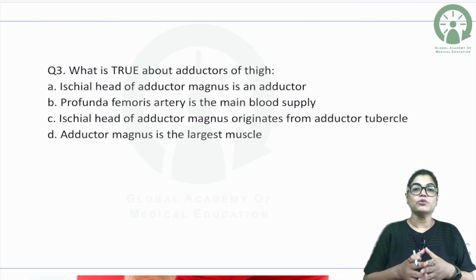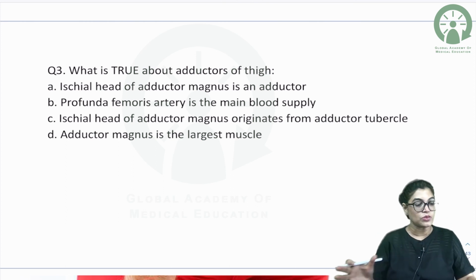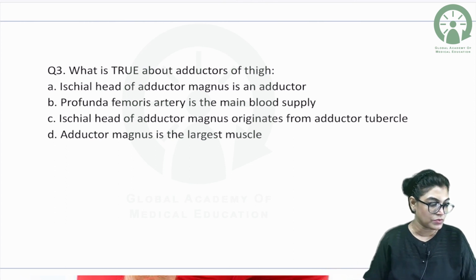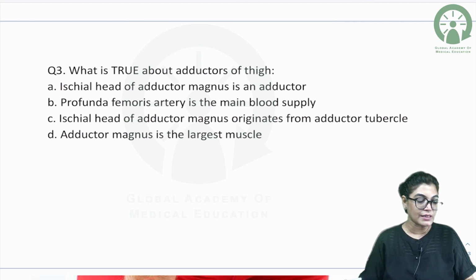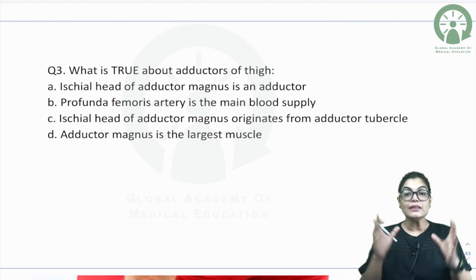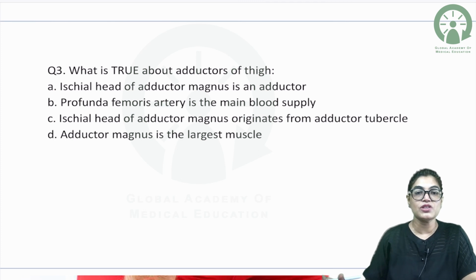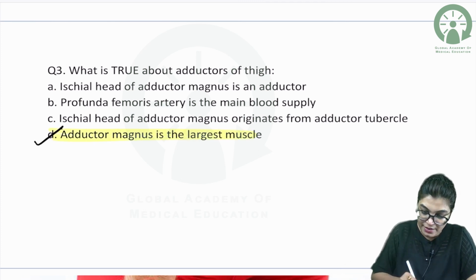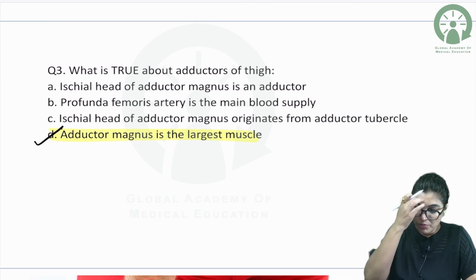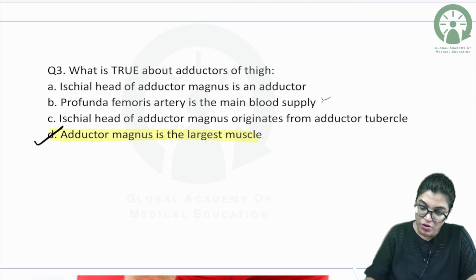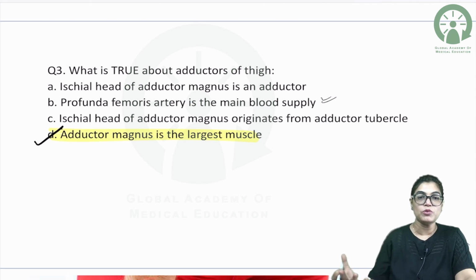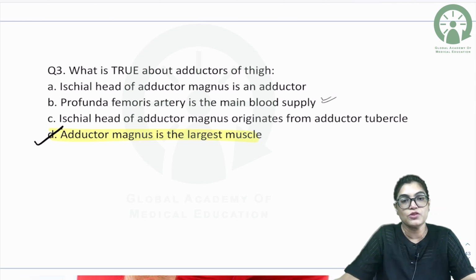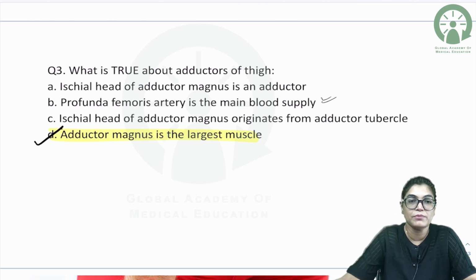So my dear, when I am talking about adductors of thigh, I mean the adductor compartment of the thigh, and in the adductor compartment of the thigh, the largest muscle is the adductor magnus. So this is definitely the most correct answer. Profunda femoris being the blood supply is also partially correct, but the profunda femoris artery also gives blood supply to the adjoining area, not only to the medial compartment.